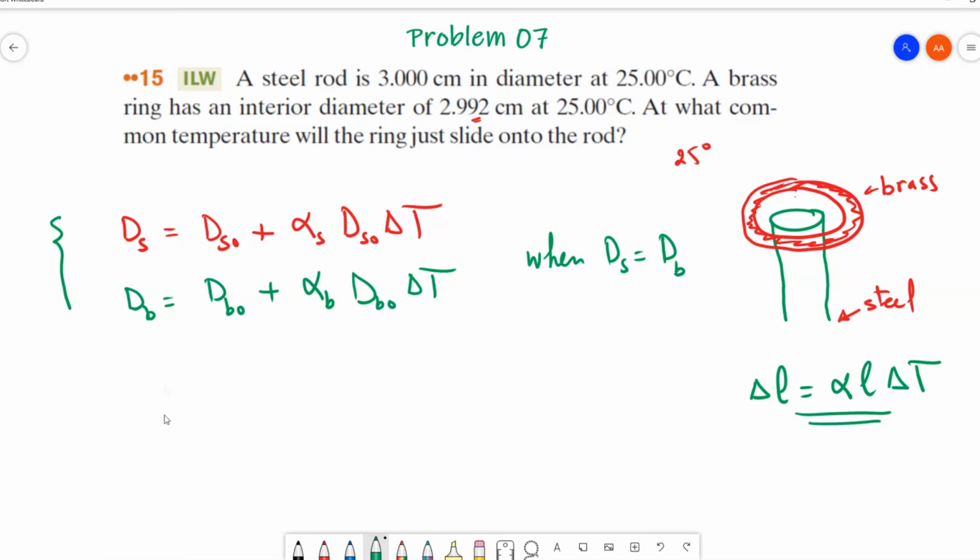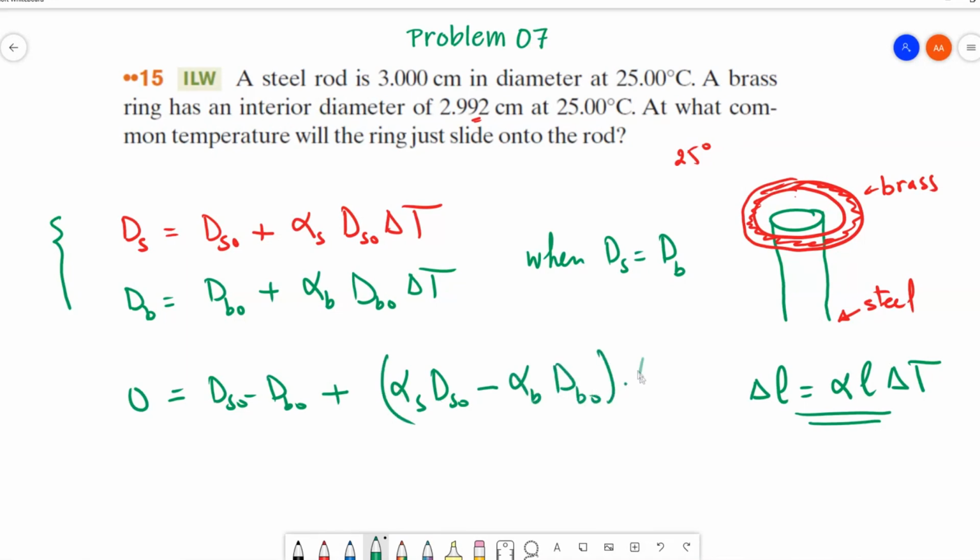So this one equal to this one, so this one minus this one, 0. Here ds0 minus dB0 plus alpha s ds0 minus alpha b dB0, all multiplied by delta T. Okay, so I just did equation 1 minus equation 2, and I put in mind that ds is equal to dB.